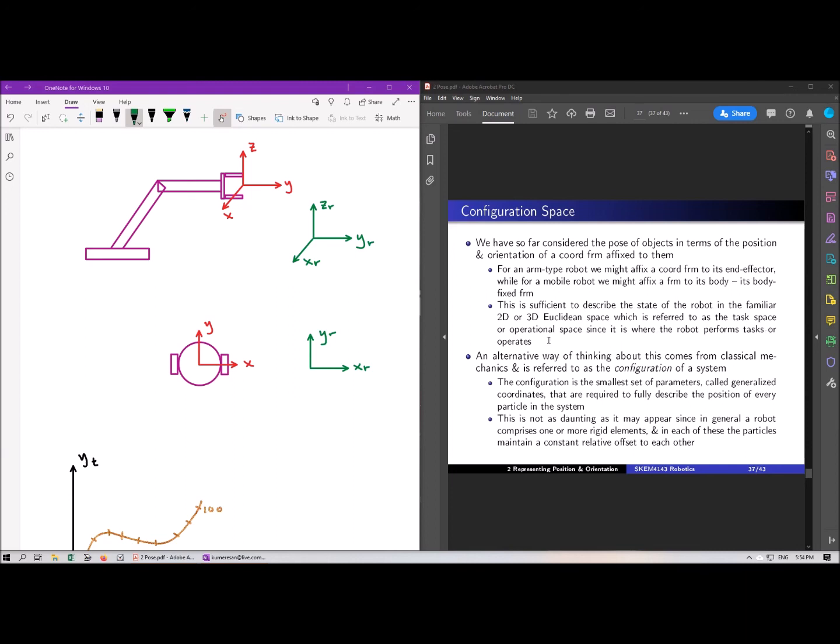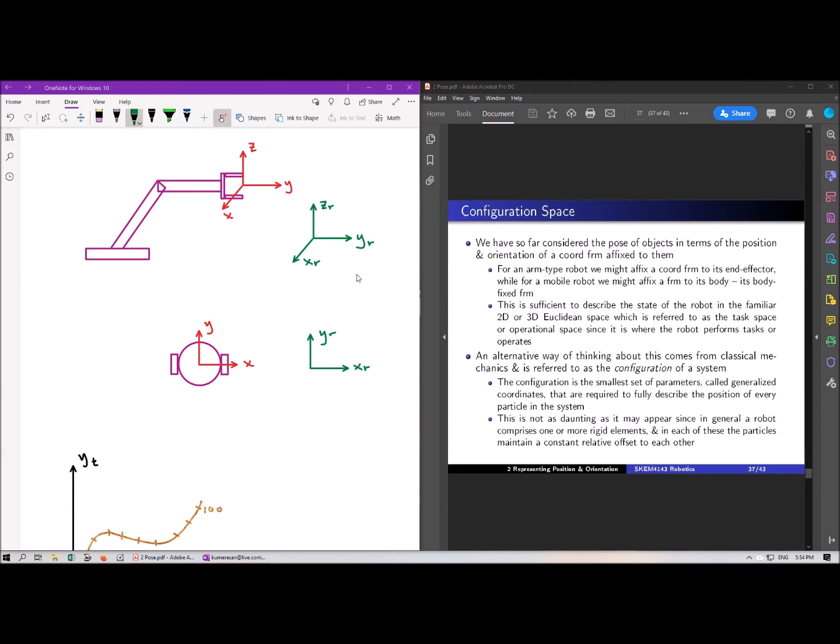Before this, we have learned about poses. A pose, or the position and orientation of this coordinate frame, is enough to determine the state of this robot with respect to our task space. In this context, the task space can be a room.